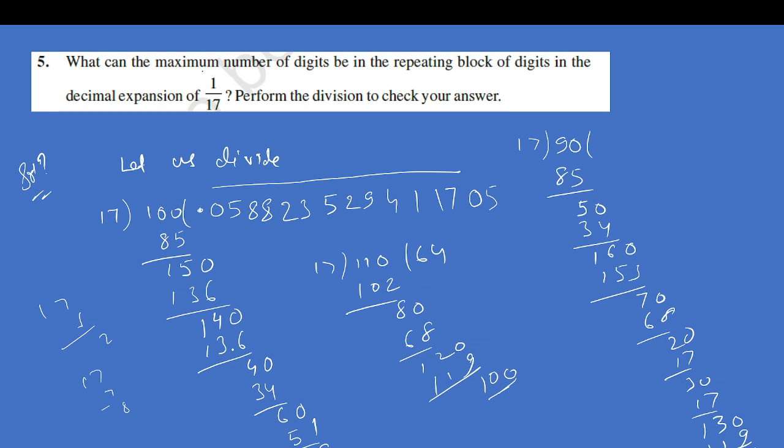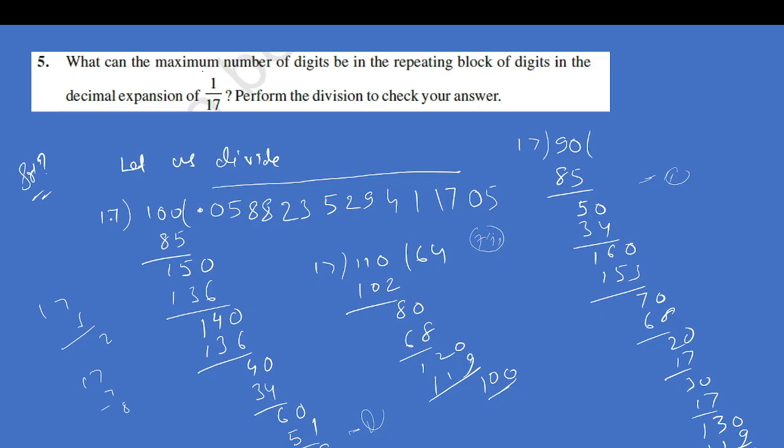This is the first one, this is the second one, and this is the third one. Now the repeating string will be less than 17, that we know. How much it is, we don't know.